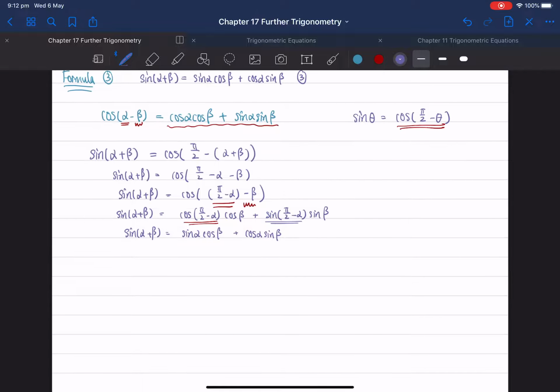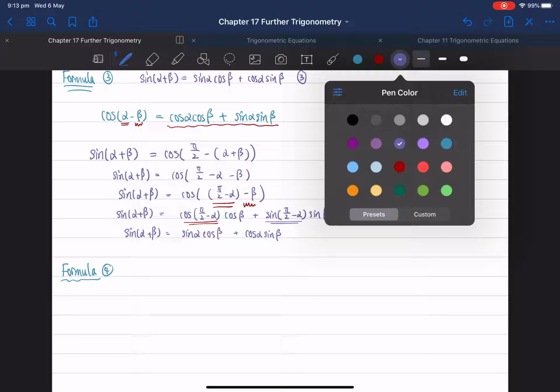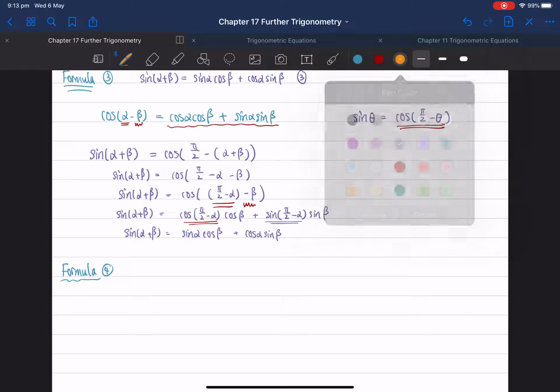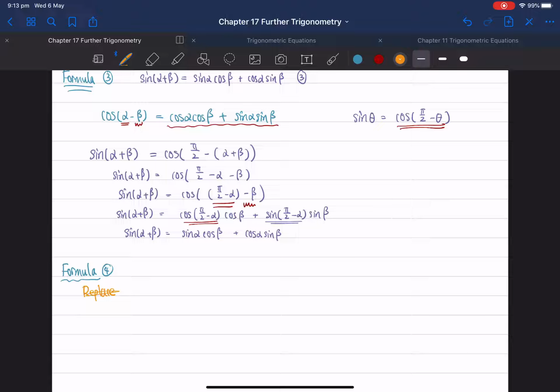Now, formula number 4 is pretty easy to do. Number 4, what we are going to do is replace, I'm just going to use another color, this one here. We're going to start from this form here, sine alpha plus beta is equal to sine alpha cos beta plus cos alpha sine beta.